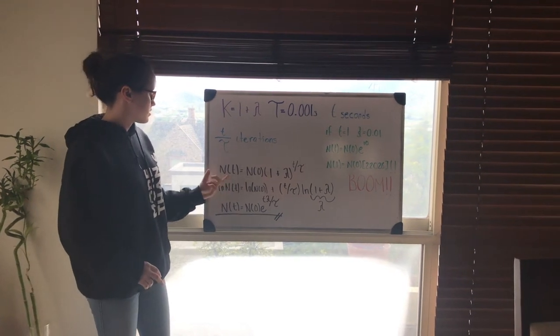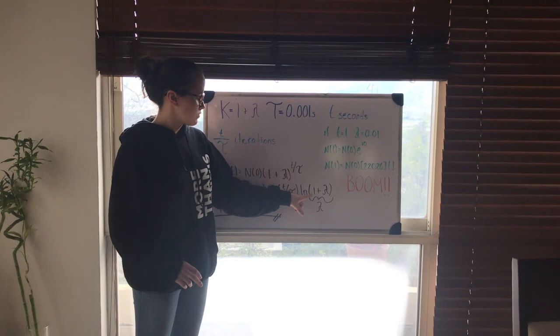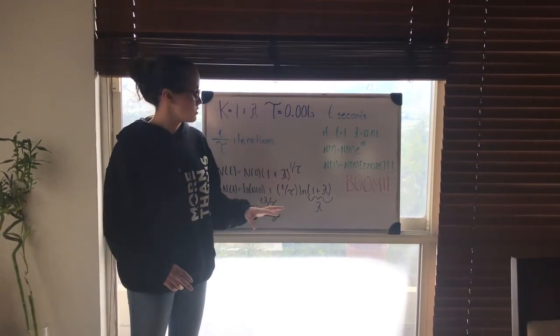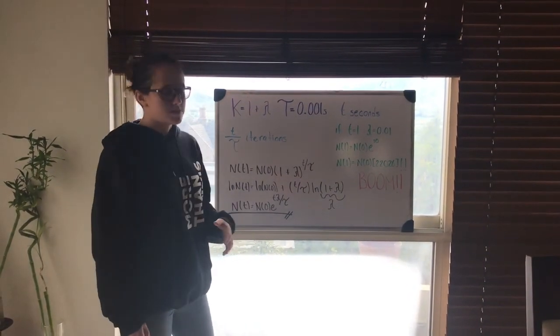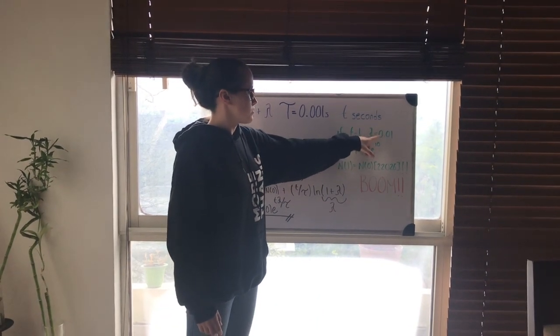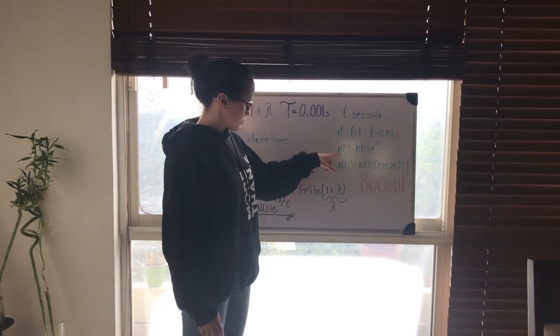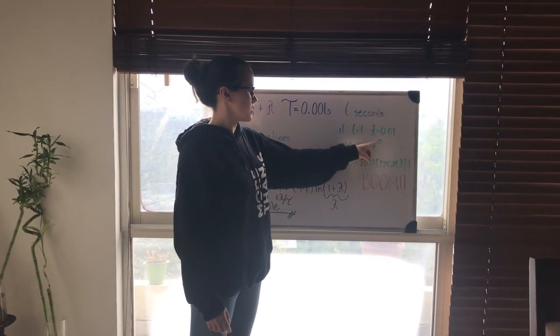Now, if we apply natural log on both sides, we find that natural log of 1 plus lambda is approximately lambda if lambda is small enough. Now let's see how many neutrons we will have after 1 second. So if t equals 1 second and we take lambda about 0.01, we find that the number of neutrons after 1 second is the number of neutrons at the beginning times e to the 10.